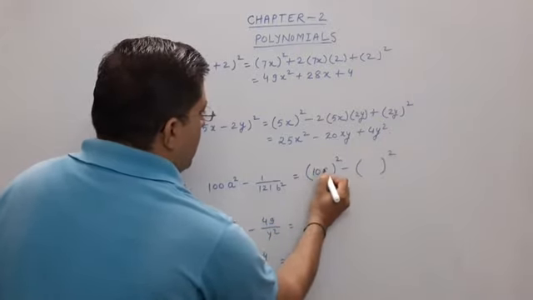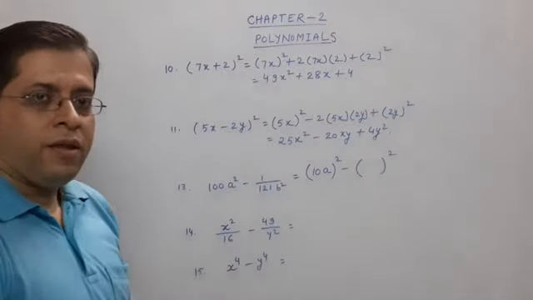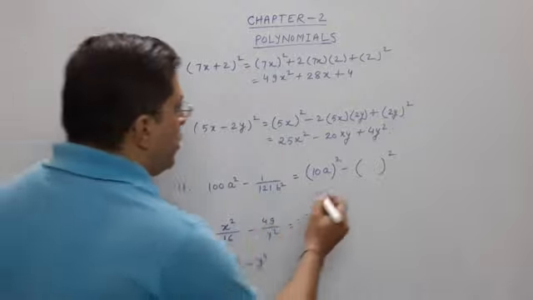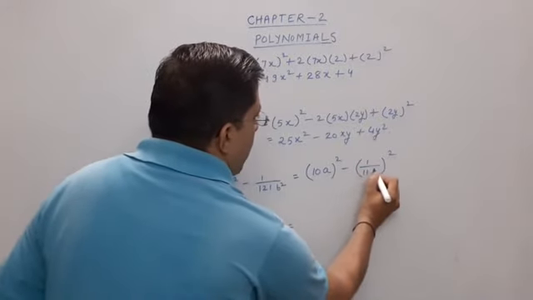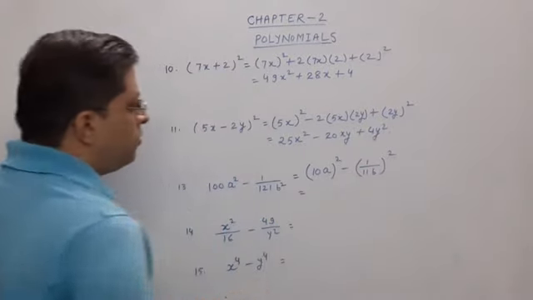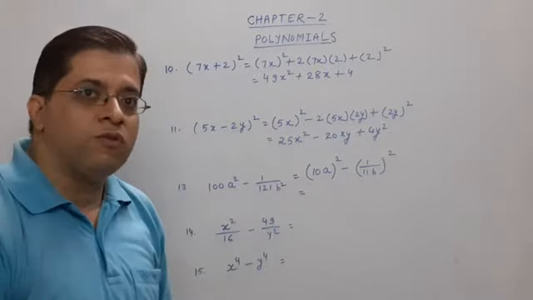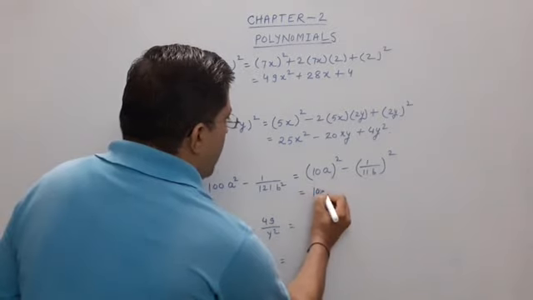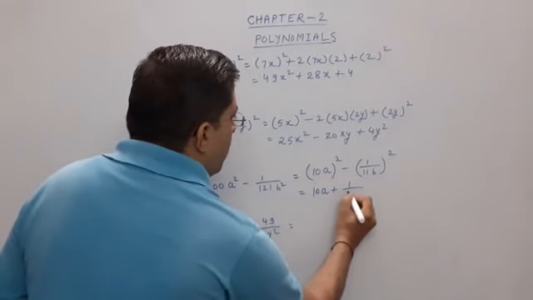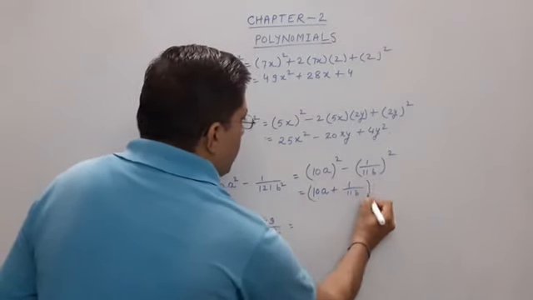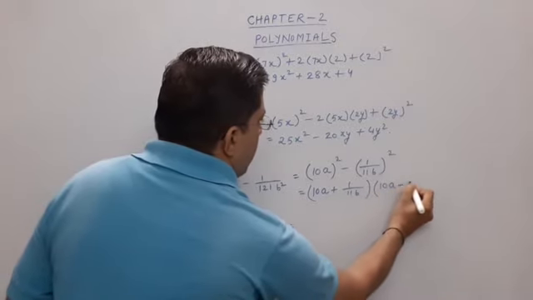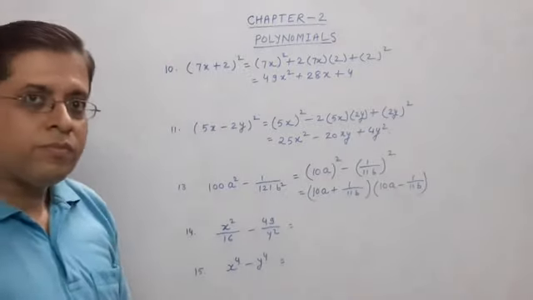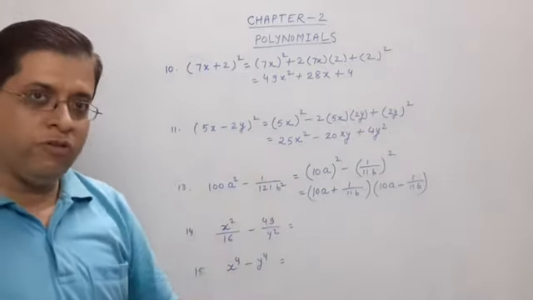I can write 10a, because 10 square is 100, and 1 upon 11b. Then this is looking like a square minus b square. That is (a + b)(a - b). We can write (10a + 1 upon 11b)(10a - 1 upon 11b). This is the thing.